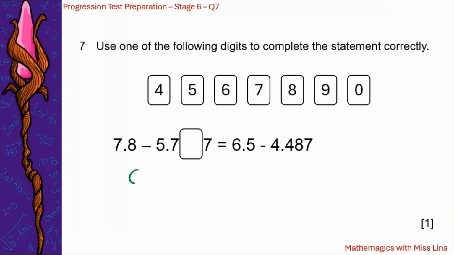So you would do 6.5 minus 4.487. In this kind of subtraction, we need to complete with zeros, so we are going to be able to do the subtraction normally. 0 minus 7, we cannot do it, so we need to borrow from the neighbor. The neighbor is also 0, so we need to borrow from the next neighbor.